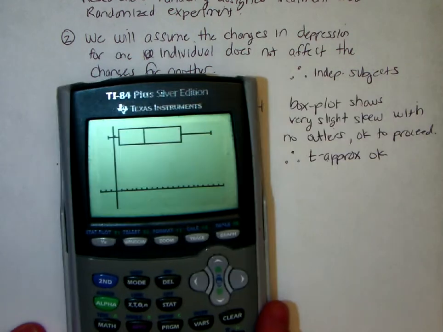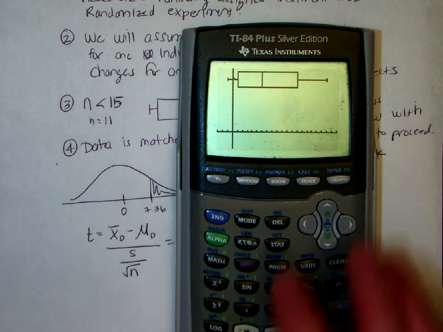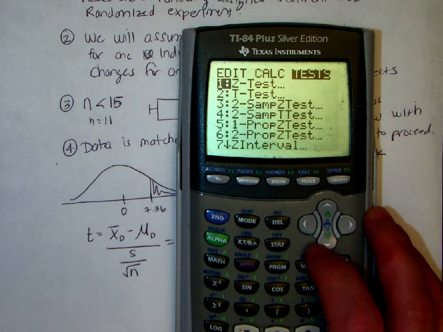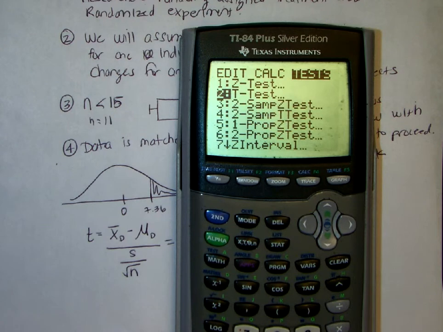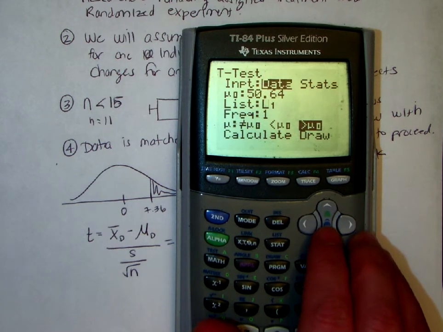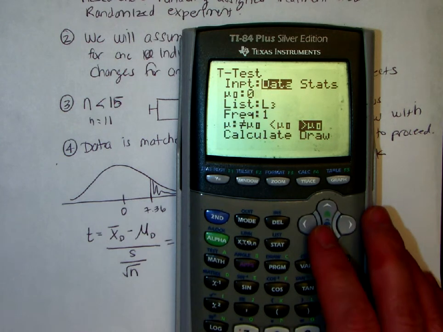Okay, people. We go to our test menu. It's going to be very similar to what we did with just a regular one sample mean test. Stat test. It's a mean, so don't use the word proportion. It is one sample. It looks like two samples at first, but you don't treat it as such. It is just one sample in L3. T-test. My data is here with L3. My null hypothesis is 0.